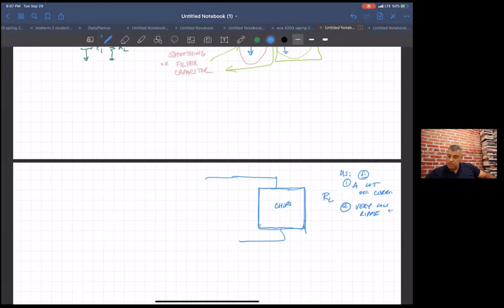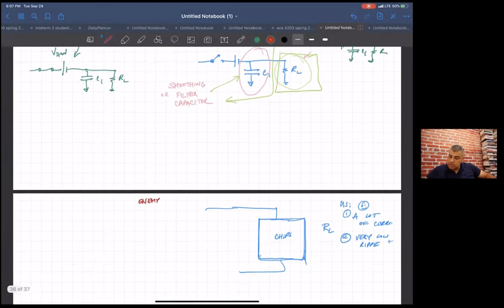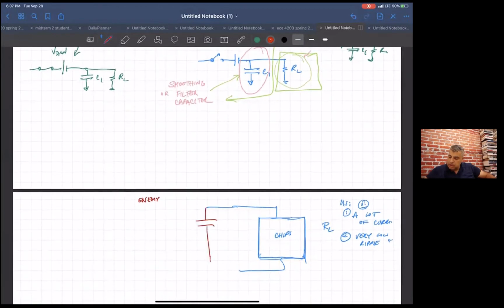On the other side, this is the enemy, the guys who are going to be using this chip. They have to build this circuit, the power supply, to use the chip, and what they want to say is, look, you can have a high current or a low ripple, but not both, because as you can imagine, the higher the current, the more the ripple, and vice versa.